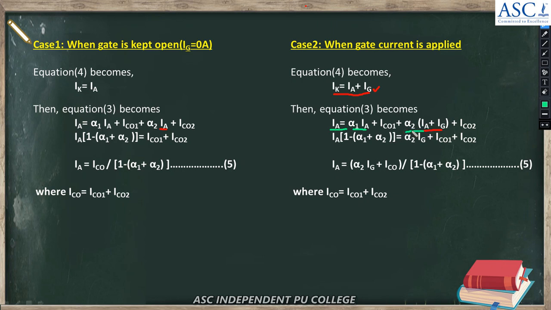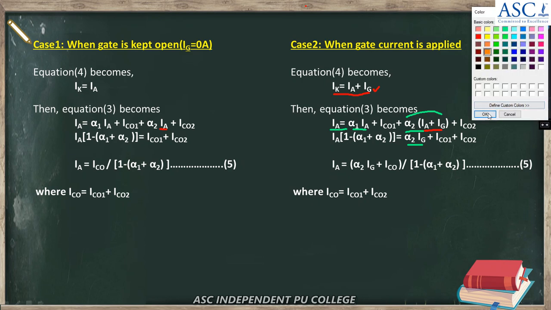Ia equal to 1 minus of alpha 1 plus alpha 2. Ia is common, so the remaining terms are alpha 2 Ig plus ICO1 plus ICO2.